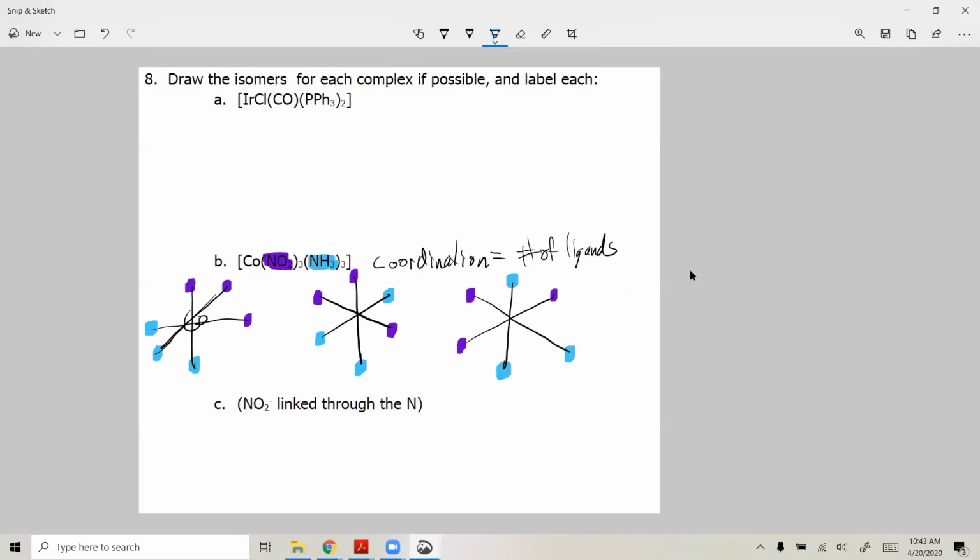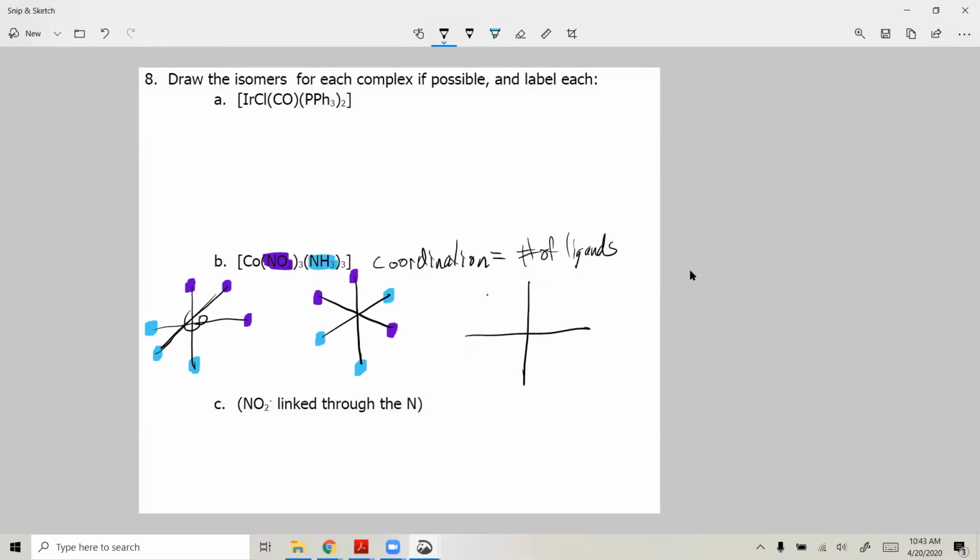Well, I have the first one you drew where they're both on each side, and then the second one. And then wouldn't the third one be where it's every other one? Or would every other one be the same as the first one?